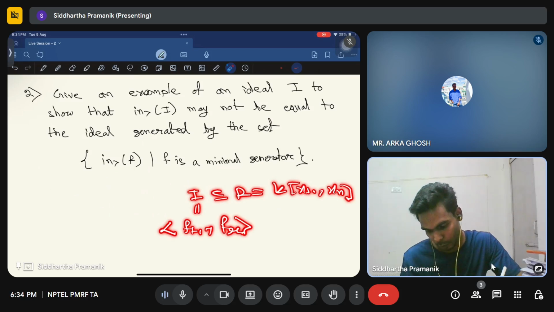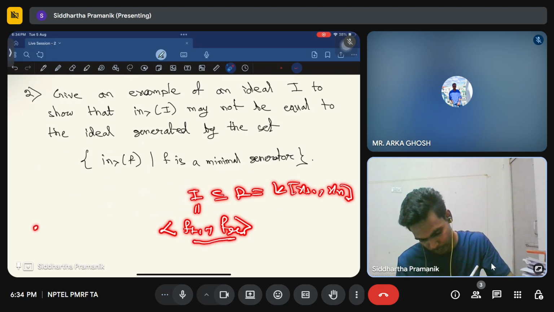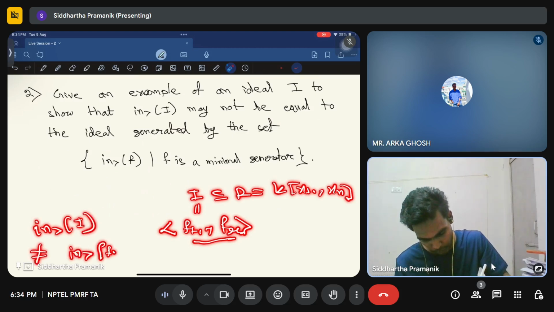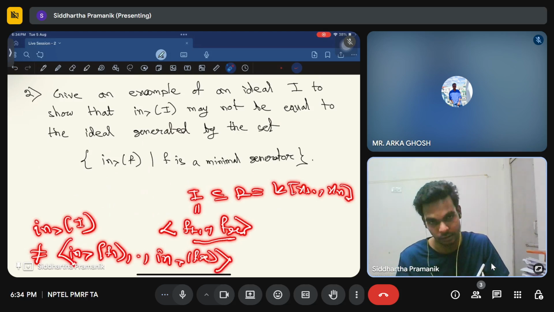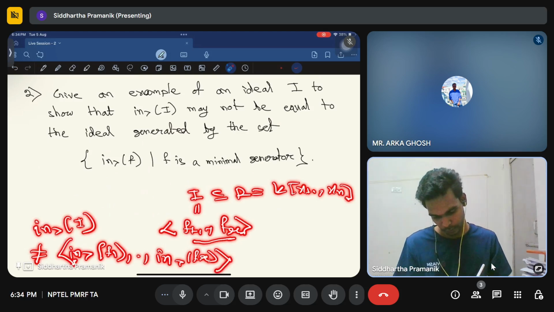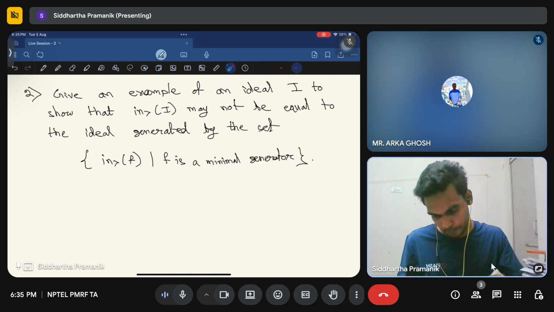The problem is saying that we need to find an example such that, if this is the generating set of I, let's say a minimal generating set, then the initial ideal of I is not equal to the ideal generated by initial of f1 up to initial of fr, the initials of the minimal generators.